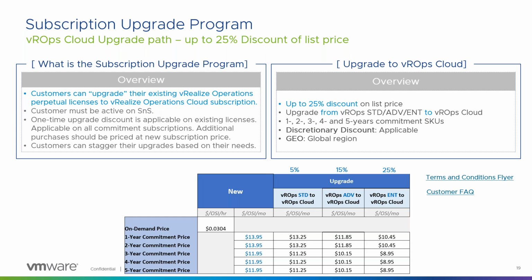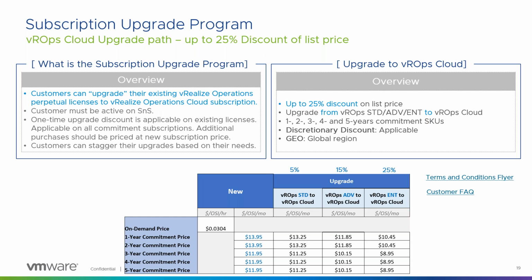So if you're on vRealize Operations Standard, if you have that perpetual license and you want to move to subscription vRealize Operations Cloud, and let's say you're looking at a 3-year commitment price, it's $11.25. So you get a 5% off. And if we continue with that scenario, if you're on advanced, it's $10.15. And if you're on enterprise, you get that 25% because you're already making a commitment and you get it for $8.95 per OSI per month.